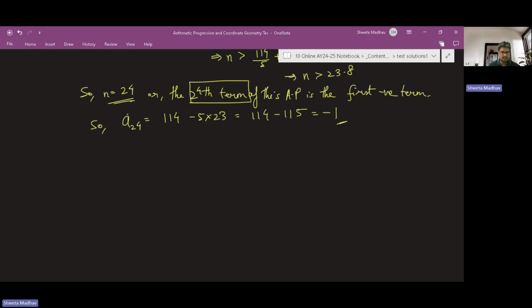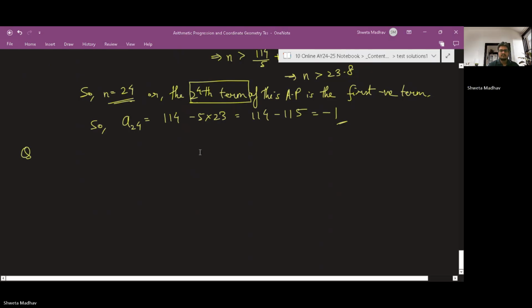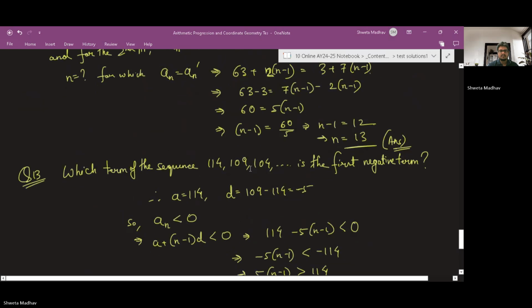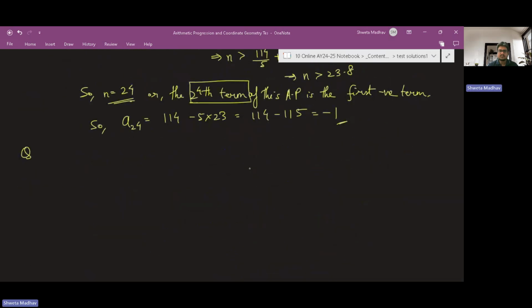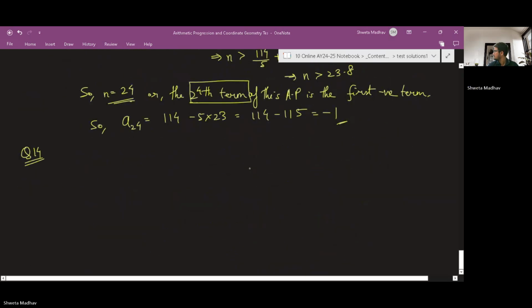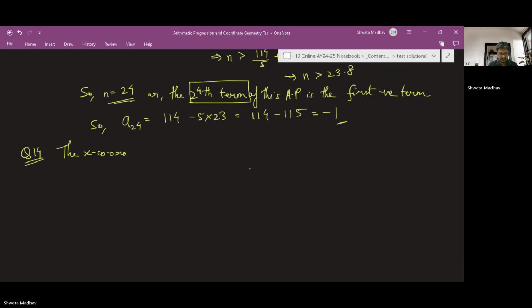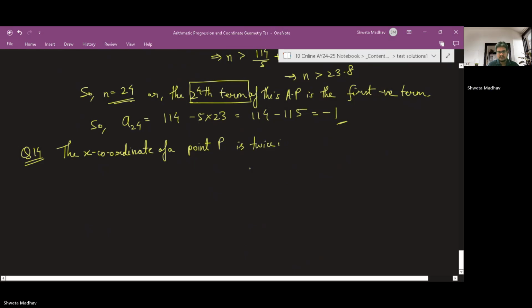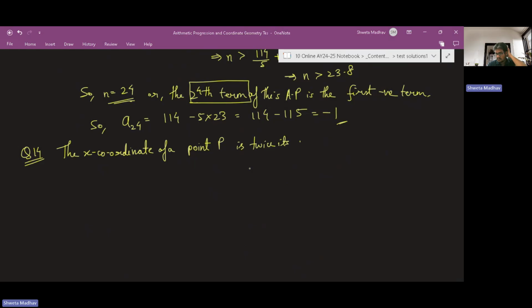Then question number 14. It is told that the x coordinate of a point P is twice its y coordinate.